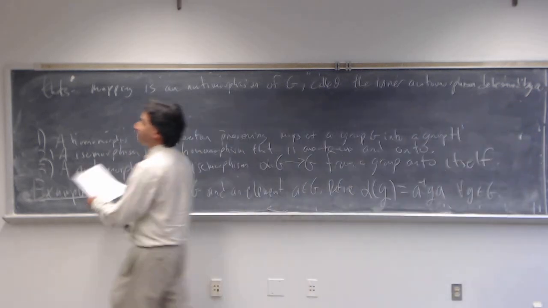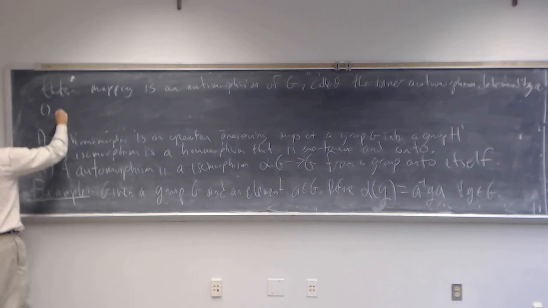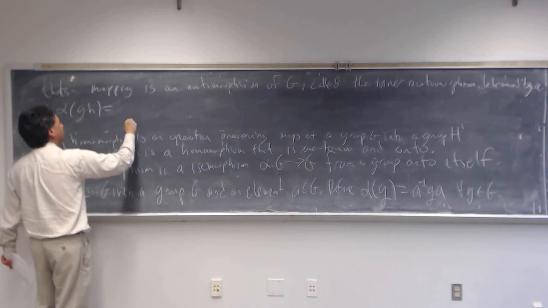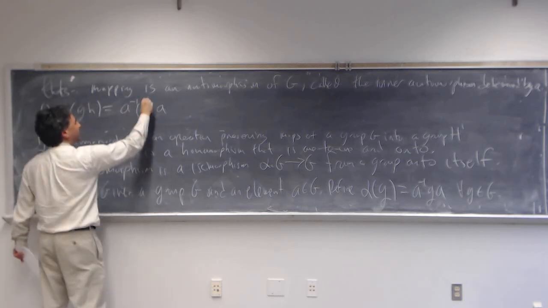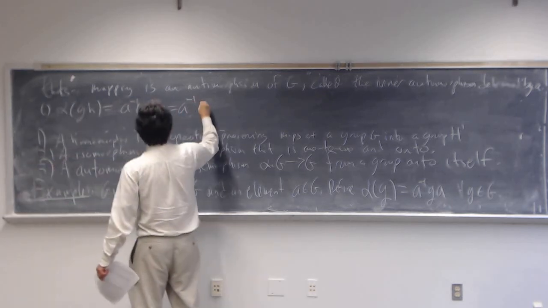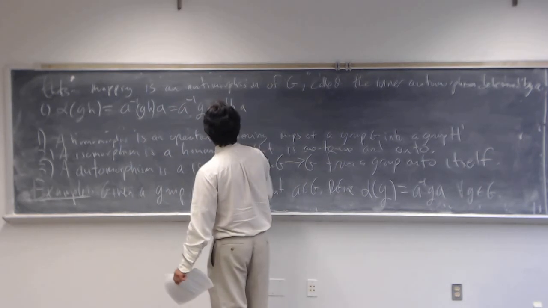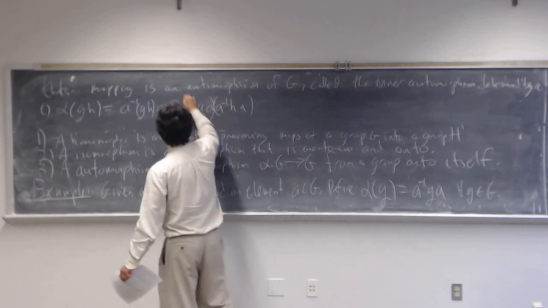So this will be the last thing I'd like to do because I'm about to get kicked out of the library. So let's show why this is. Let's first show it's operation preserving. So let phi of GH be what? A inverse GH. I can put an A inverse in between any elements, and because of the associativity, I can just group my parentheses anyway.